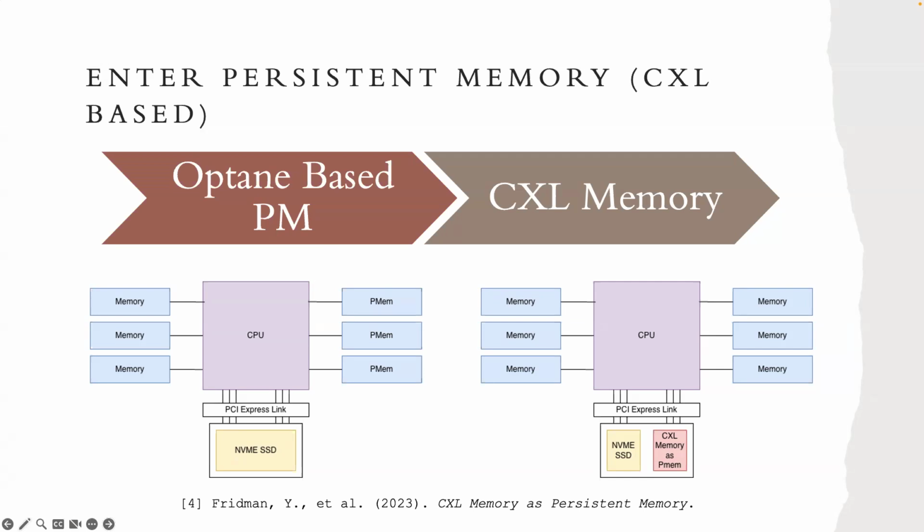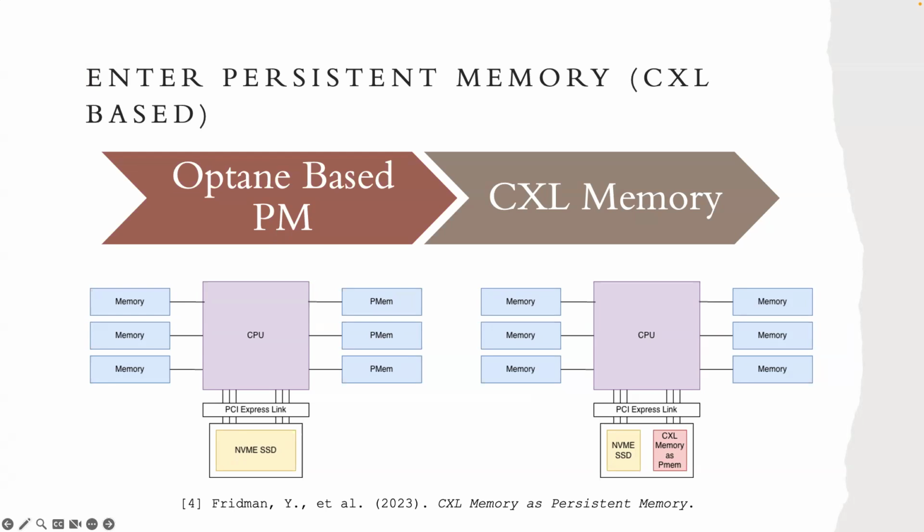So here you can see on the left side, the PMs are actually connected in the memory slots. And then we have the current rising architecture, which is CXL-based memory, which is connected via PCI Express slot. It actually frees up the memory slots. So the same machine with CXL-based memory can have greater memory capacity because it doesn't occupy the memory slots.